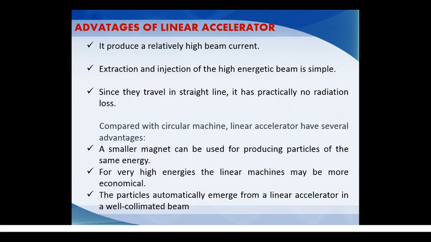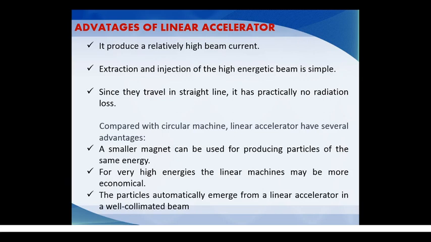And we know that LINAC is a linear accelerator, so the particle will travel in a straight line. As they travel in a straight line, there is no radiation loss. So these are the main three advantages of the linear accelerator, and we can compare this with a circular accelerator also.